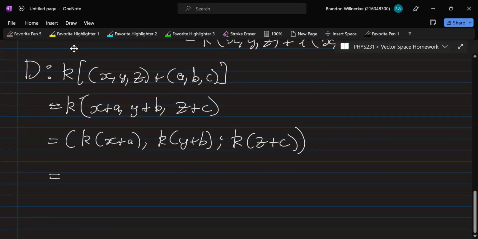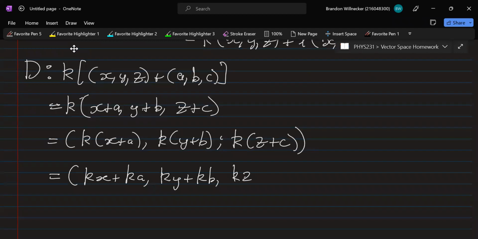Okay, then we can write this as kx plus ka, ky plus kb, kz plus kc. And then like we did before, we can separate this again. So the xyz part, we can take out separately from the abc part, and then the k we can also take out.